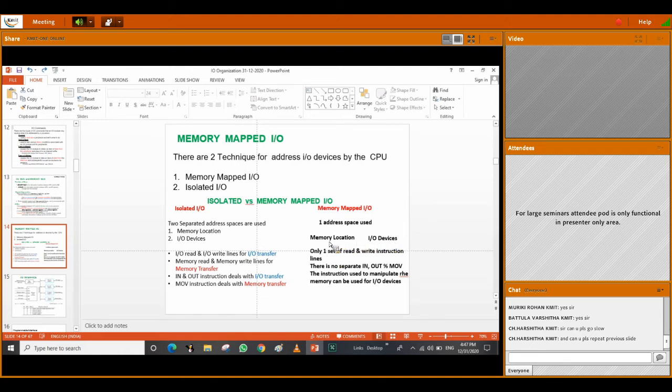In isolated IO, we use two separate buses. In memory mapped IO, this one address space is divided into memory location and IO device. There is only one set of read and write instruction lines, and there are no separate IN and OUT instructions.